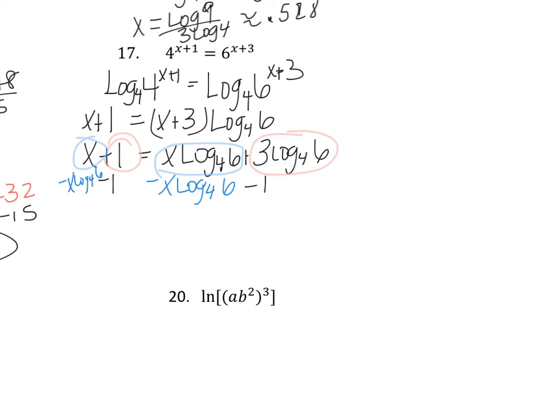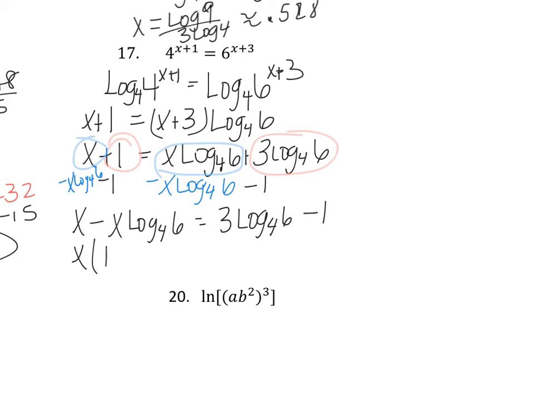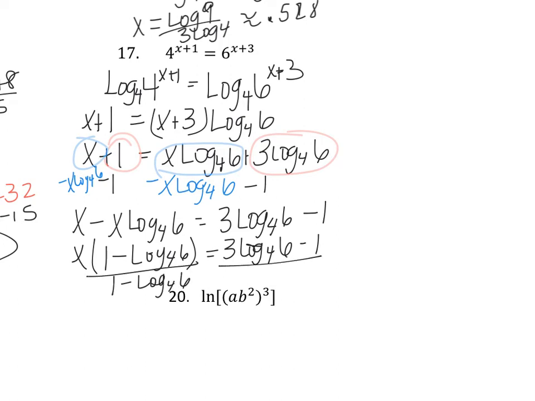And on this side I get x minus x log base 4 of 6 equals 3 log base 4 of 6 minus 1. And then factor out an x: x times (1 minus log base 4 of 6) equals 3 log base 4 of 6 minus 1, and then divide by 1 minus log base 4 of 6.